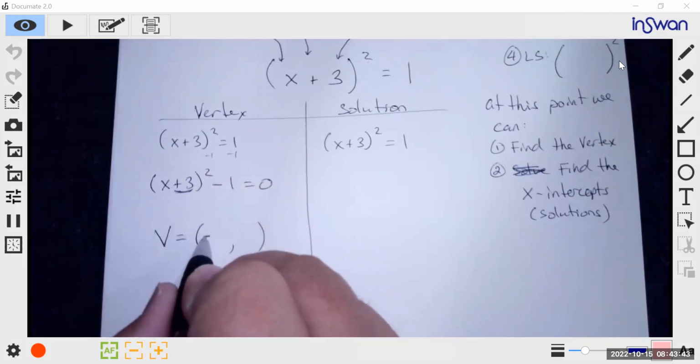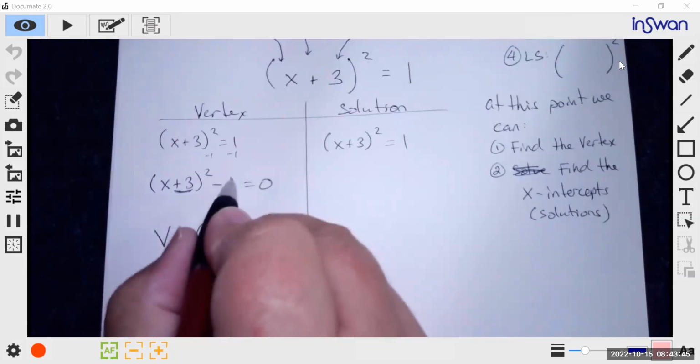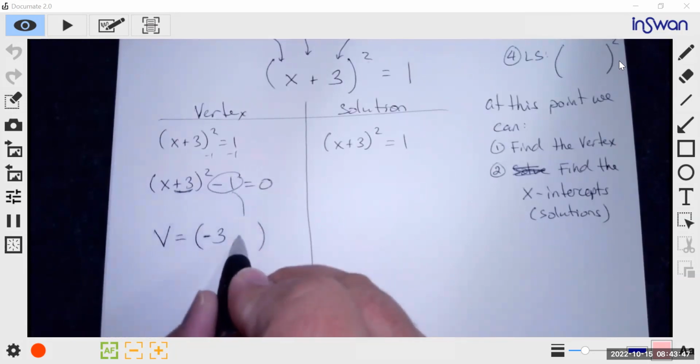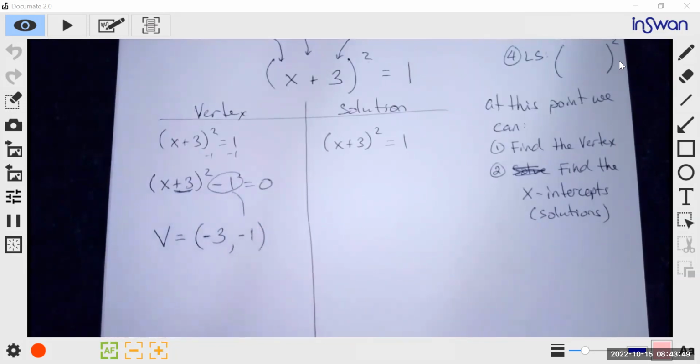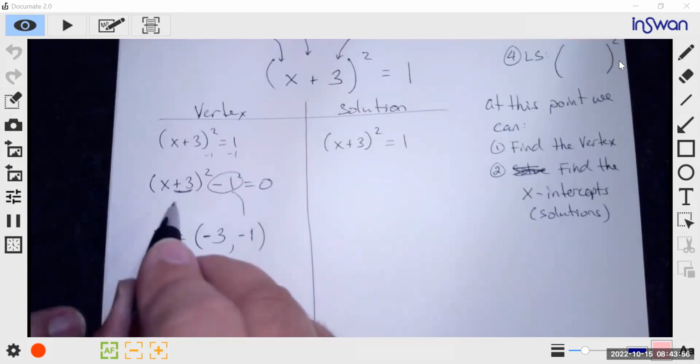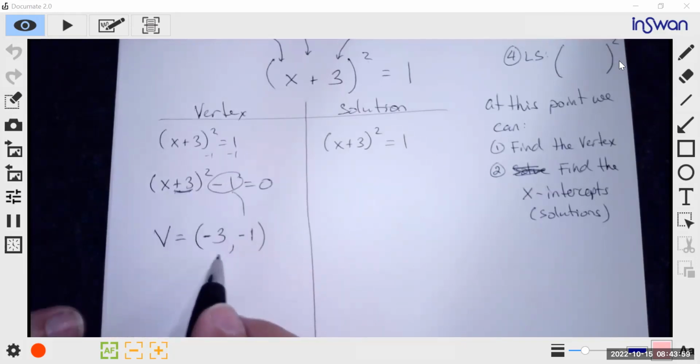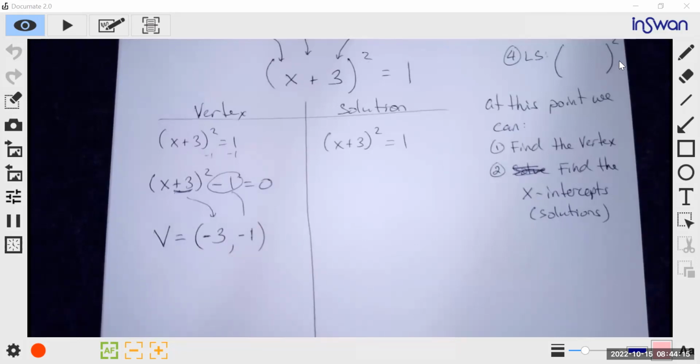So that's a plus 3, so the answer is -3. And whatever that one is. It's the opposite of what's inside the parentheses and whatever is on the outside. And there's your vertex. So we've found the highest or the lowest point of the graph.